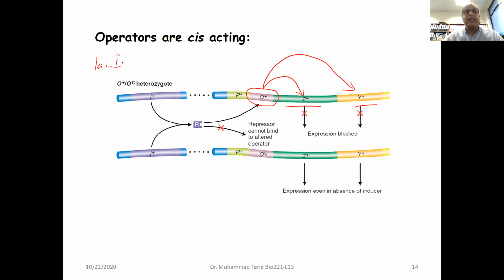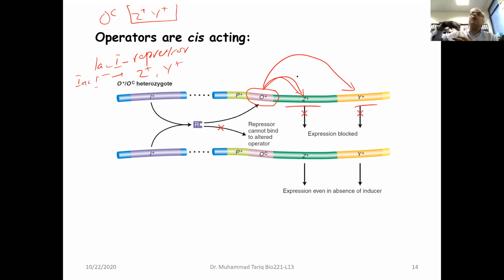Lac I is a repressor which keeps Y and Z completely off in the wild type state. If we get a mutation in lac I, an I minus mutation, Z and Y become constitutively active. Also, if we have the operator mutation OC, Z and Y become constitutively active. But the important lesson was that operator only acts in cis, it cannot act in trans. The opposite of cis is trans, where it can go and act on another chromosome also.